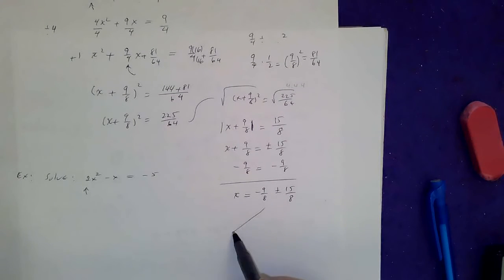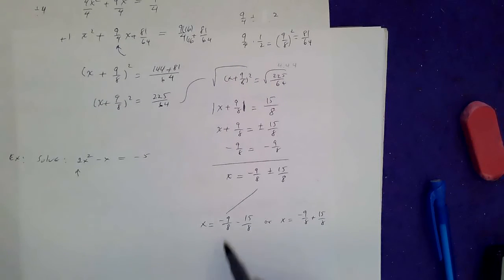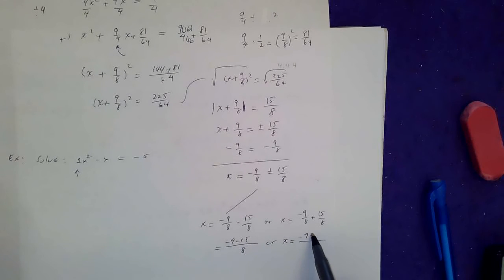So this is like two equations in one. Sometimes x is negative 9 over 8 minus 15 over 8, or x is negative 9 over 8 plus 15 over 8. In the first case, the common denominator is 8, so you get negative 9 minus 15. In the second case, you get negative 9 plus 15.